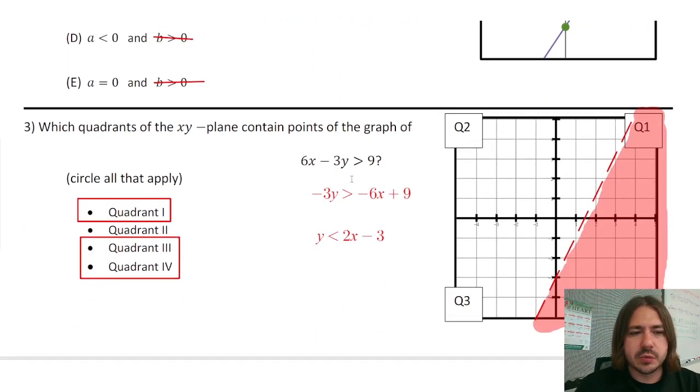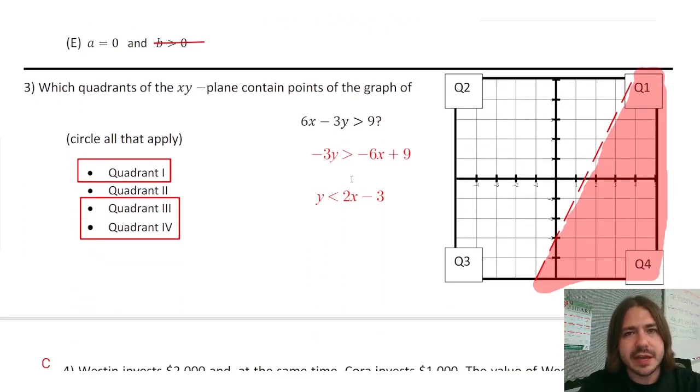Number 3 says, which quadrants of the xy plane contain points of this graph? And so here I think it's just easier, just like with the last problem, to go ahead and put this into slope-intercept form. And to do that, you would subtract 6x from both sides, and then divide both sides by -3. Now check this out.